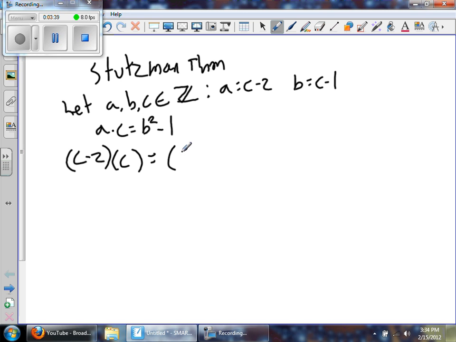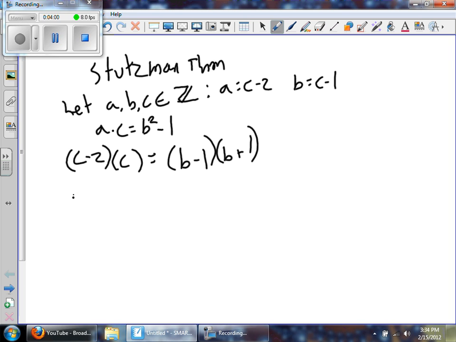But specifically, this is going to factor to B minus 1 times B plus 1. So on the left-hand side, we have C minus 2 times C equals B minus 1 times B plus 1.